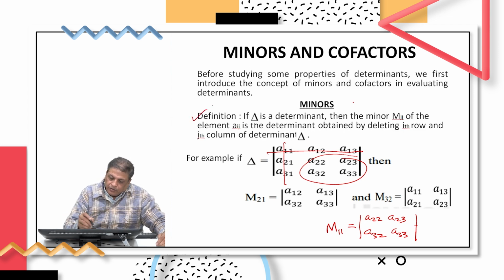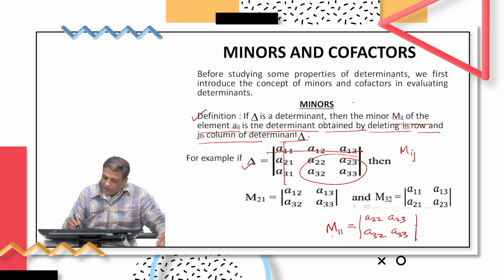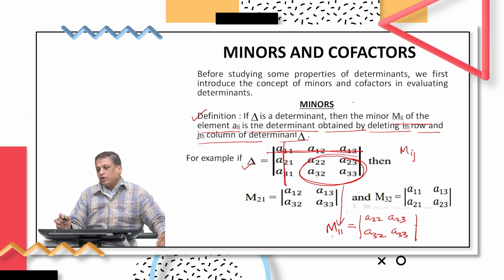Again see the definition: if delta is the determinant, then Mij of the element Aij is the determinant obtained by deleting the ith row and the jth column of the determinant delta. So over here we removed the ith row and jth column, and whatever elements remain are the minor for A11. So M11 is the minor of A11.